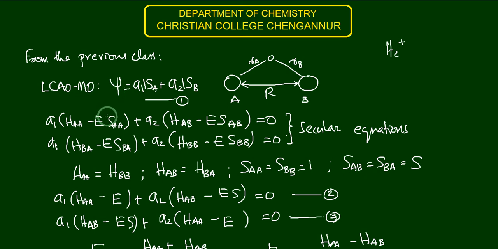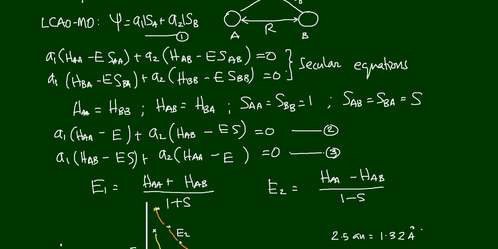Then we applied the variation theorem, and by applying it we reached two secular equations. You have already gone through the secular equations in the previous class. If you didn't watch that video, I strongly recommend going back to watch that first and then coming back here, because this is a continuation of the previous one.